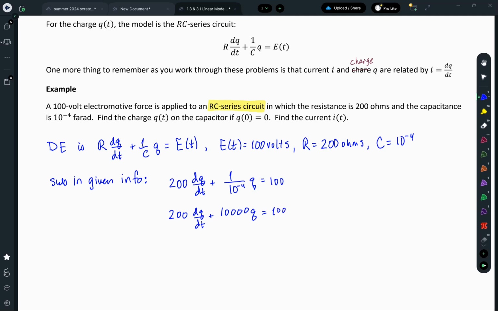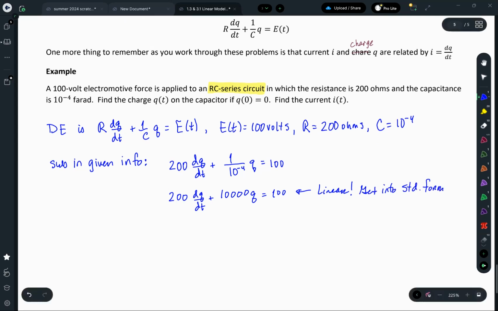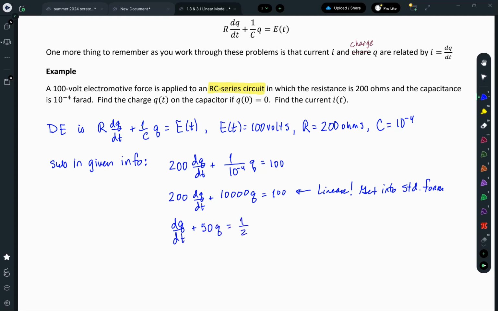The last thing to do, because this is a linear equation, is get it into standard form. So we'll divide everything by 200 and finally have dq dt plus 50 q is equal to 1/2.